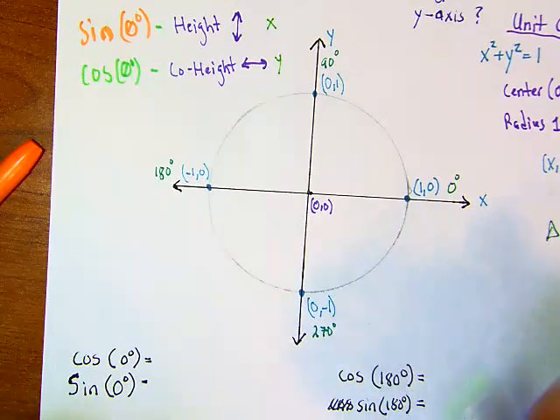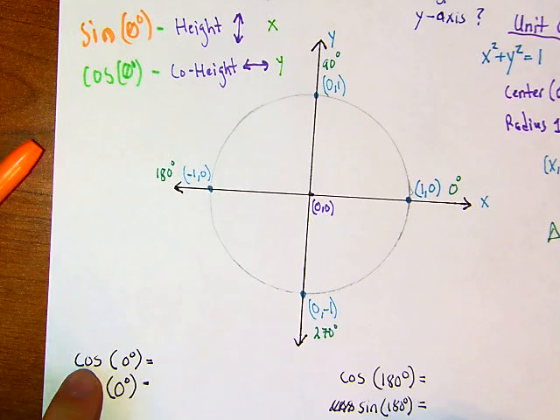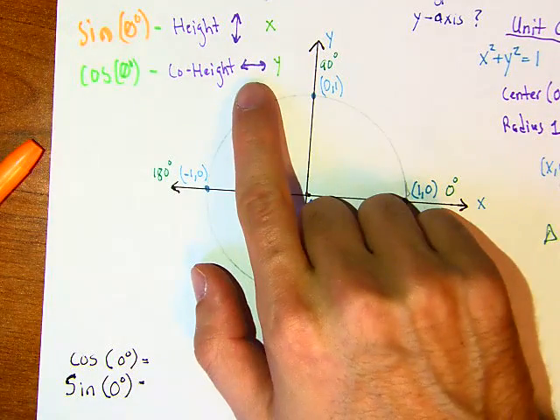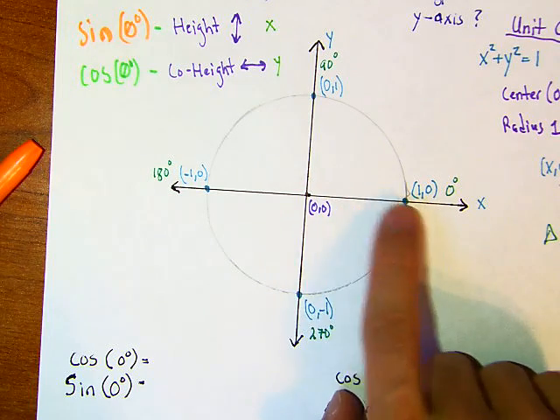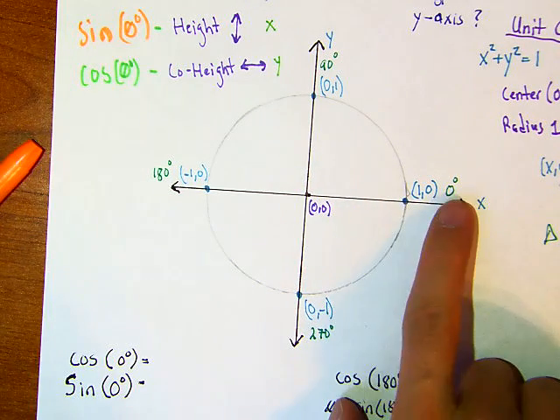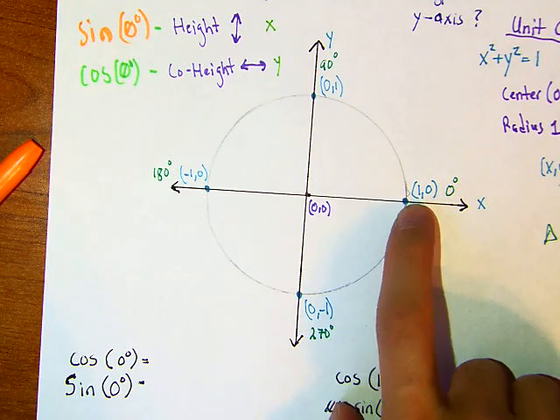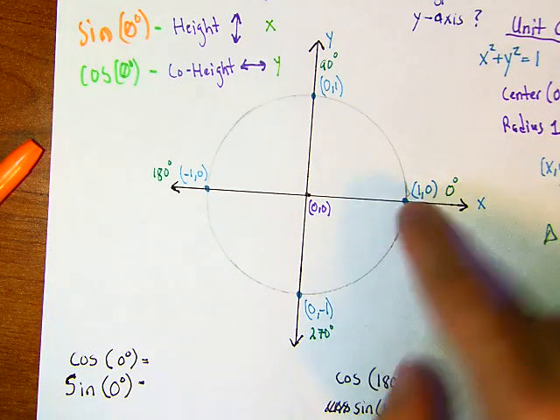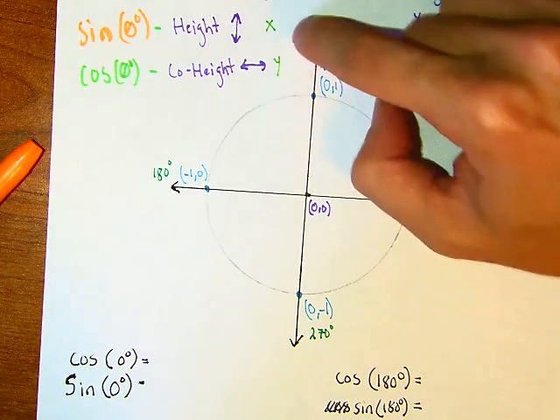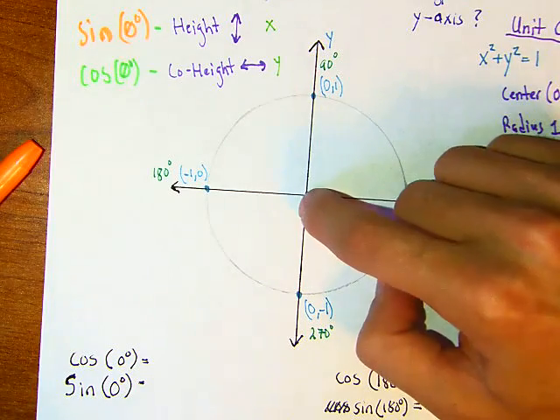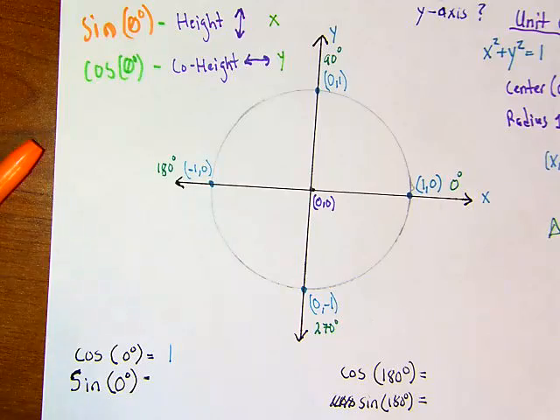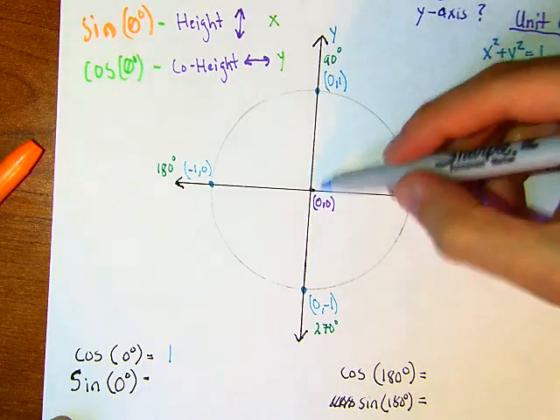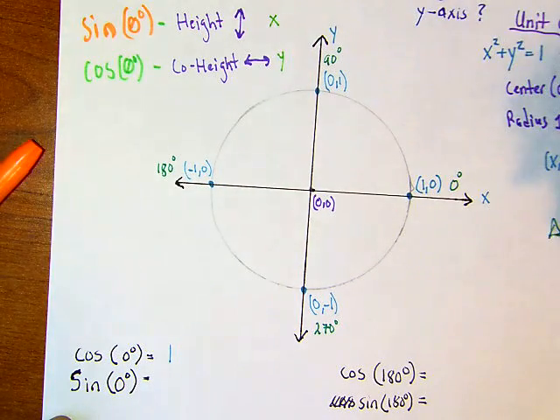So let's think about it here. Think cosine, left and right, of 0 degrees. What is the coheight of 0 degrees? What is the distance from here to the y-axis? That coheight is just 1.